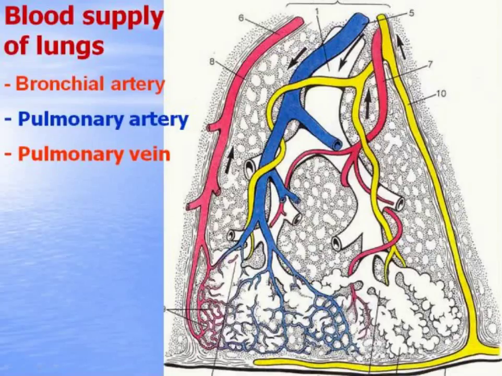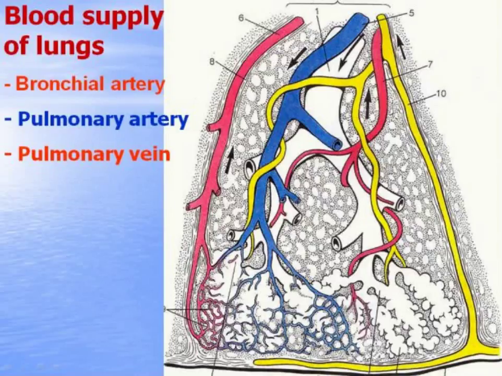Pulmonary artery brings the venous blood, containing carbon dioxide, from the right ventricle of the heart, and after the gas exchange it is saturated by oxygen, releases carbon dioxide and comes back to the heart through the pulmonary veins.